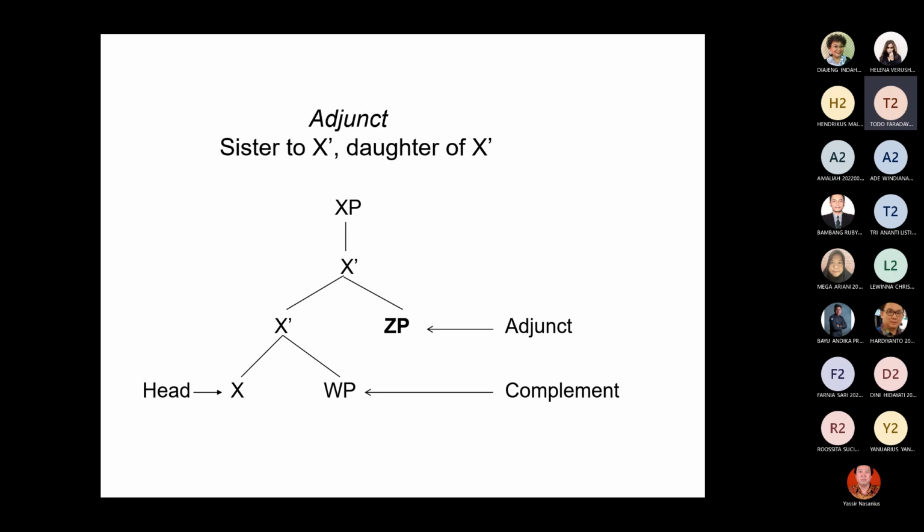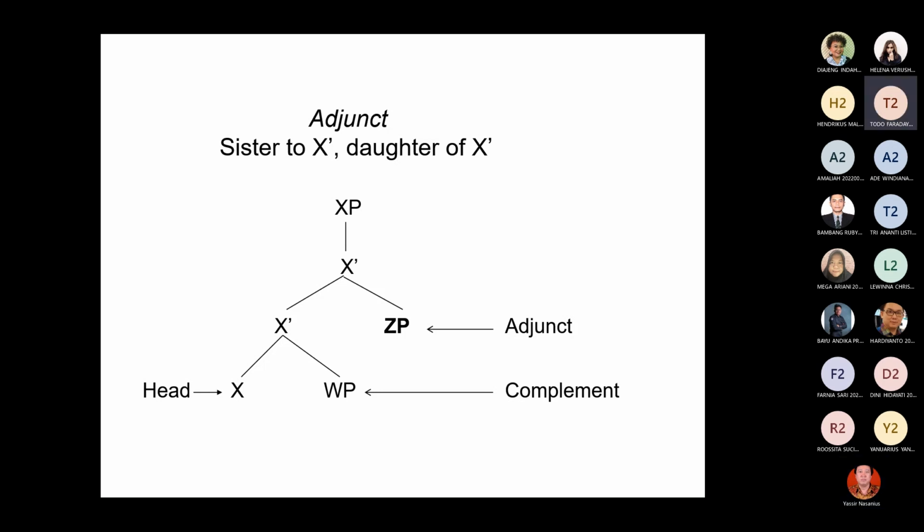So for example here, what is the difference between WP and ZP? ZP is the sister of X bar, daughter of X bar. WP is the daughter of X bar and sister of X. So if you draw X bar tree like this, your readers already know WP must be a complement and ZP must be an adjunct.